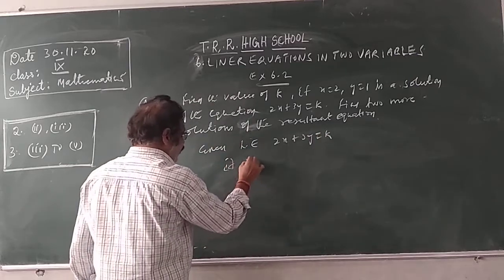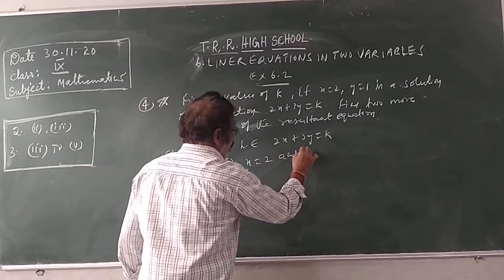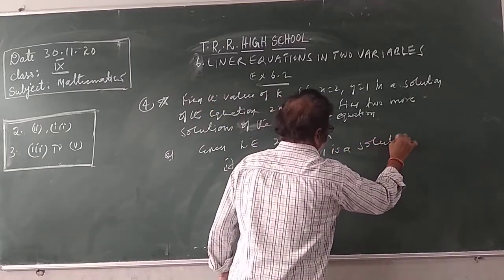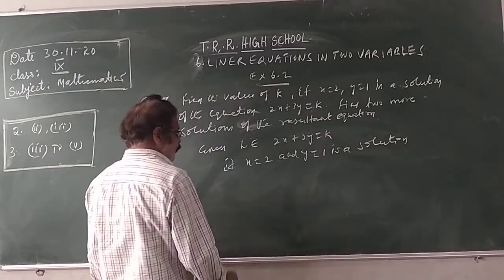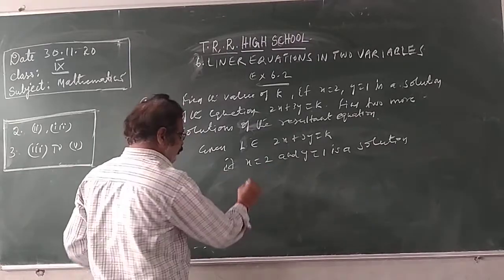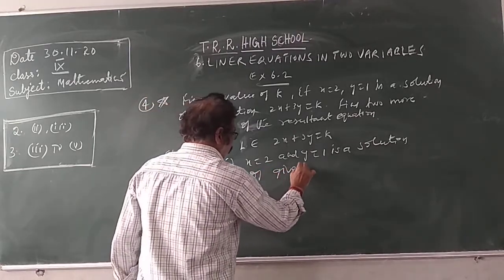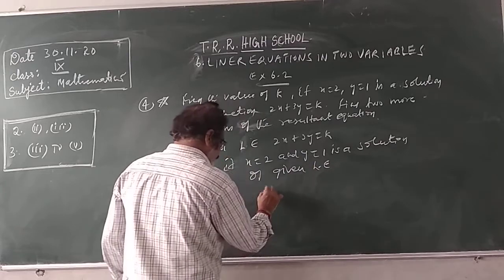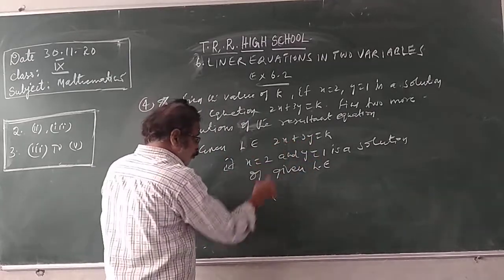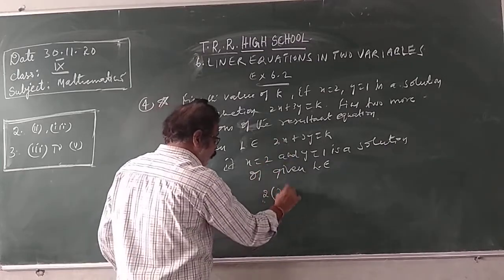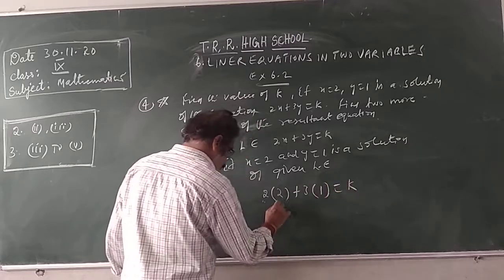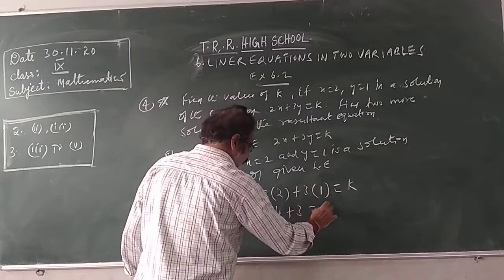If x is equal to 1 and y is equal to 1 is a solution of the given linear equation, substitute in this. 2x plus 3y is equal to k. 2 into x, x how much? 1. 2 plus 3 into y value 1 is equal to k. 2 plus 3 is equal to k.